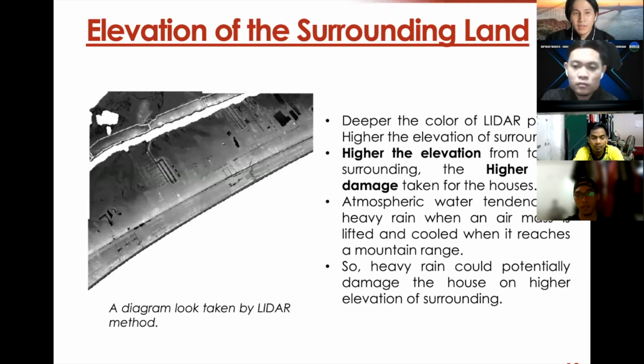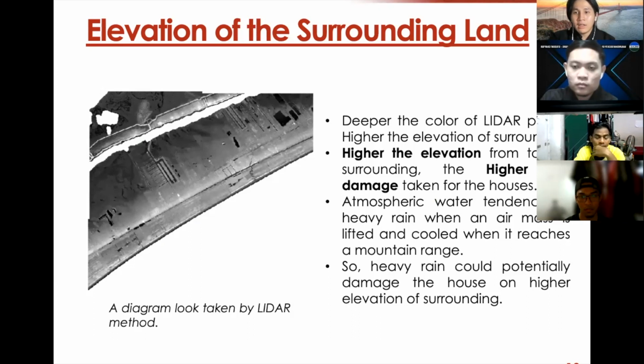This flood could potentially damage the houses, compared with houses that are on higher elevation. Furthermore, another factor that we can correlate with house damage is the elevation of the surrounding land. The diagram below was taken by the LiDAR method, same as the previous factor.